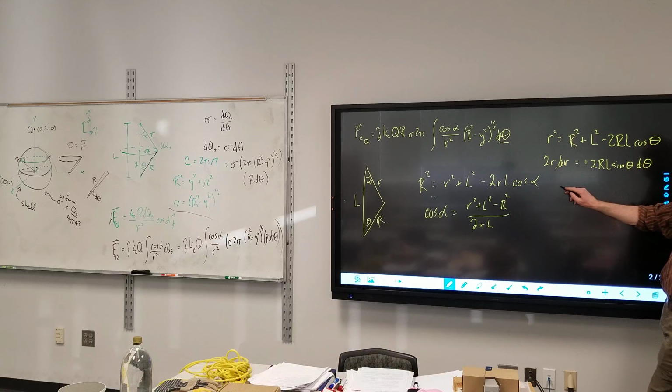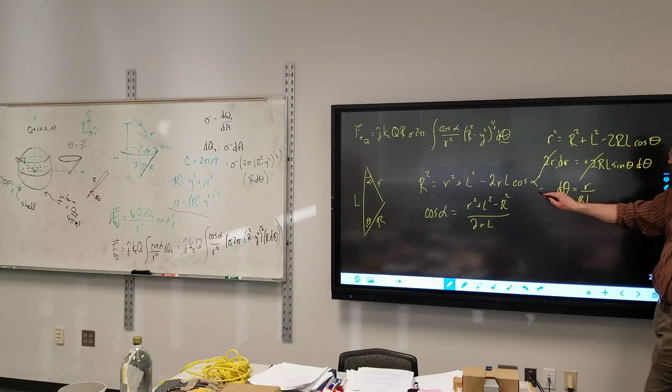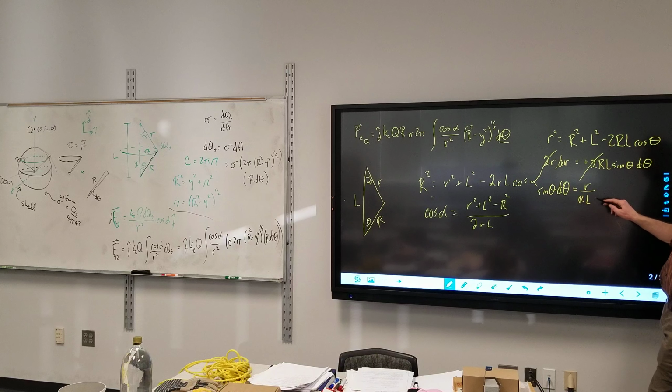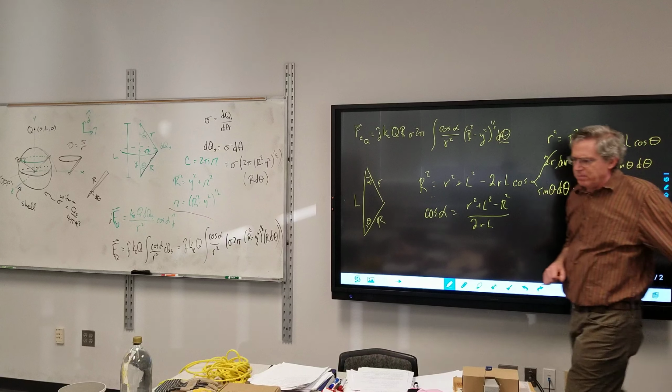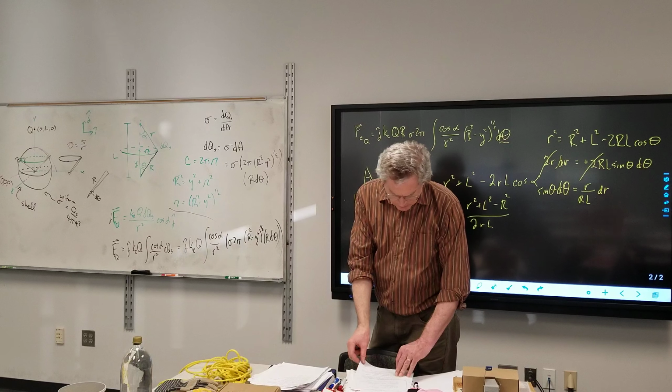And so I'm left with d theta is equal to, 2's cancel out, little r, big R, L. Actually, I want to keep the sine theta there. dr, d little r. I feel like I'm about to take the long route around.